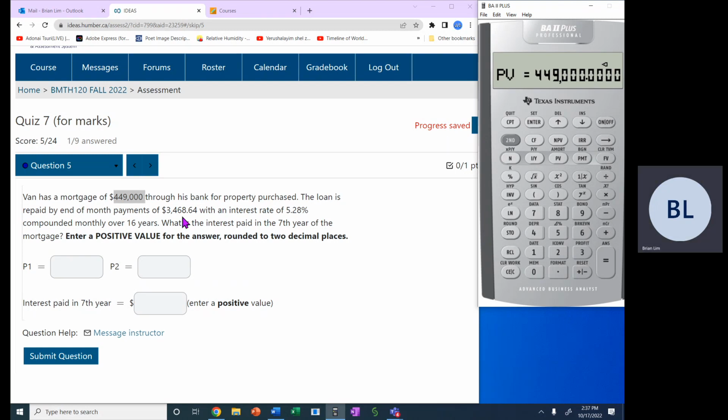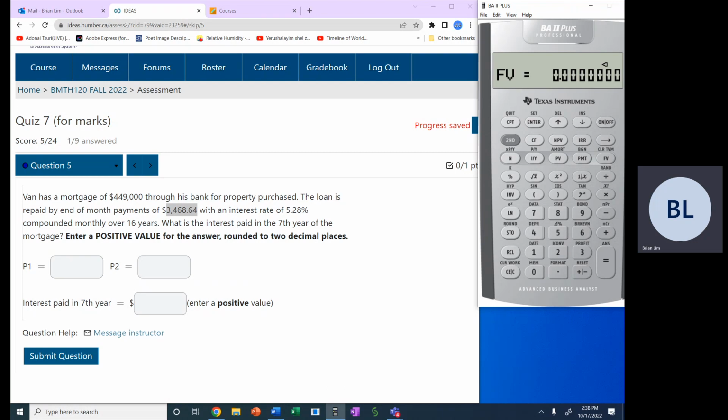Now payments, end of month payments of $3,468.64. So 3468.64, and we should put it in as negative because it is indeed a payment. And we will put in 0 for the future value. And there we are, all the data has been entered.